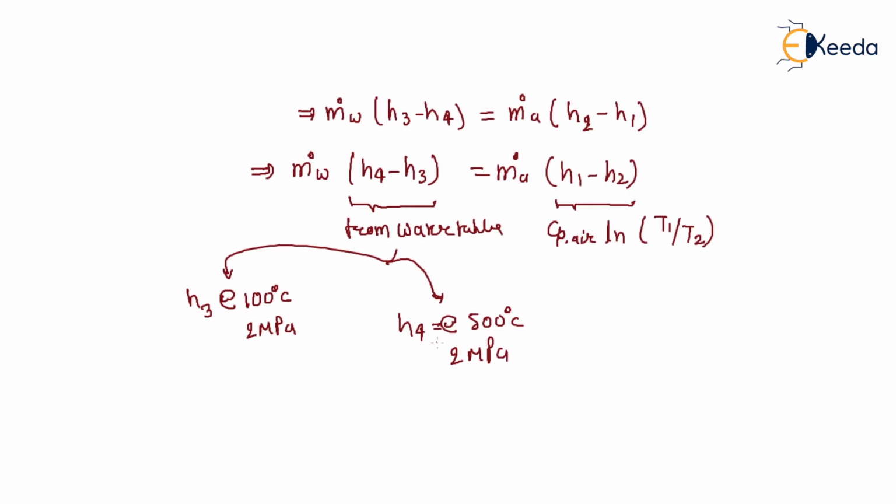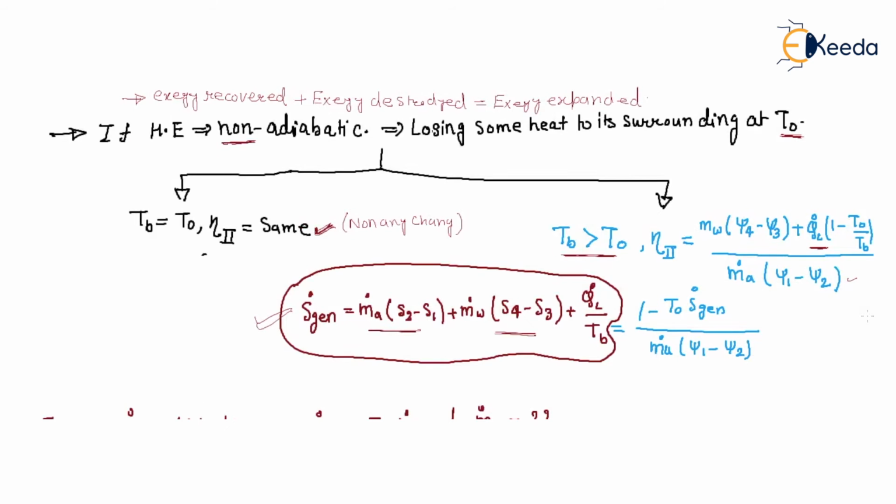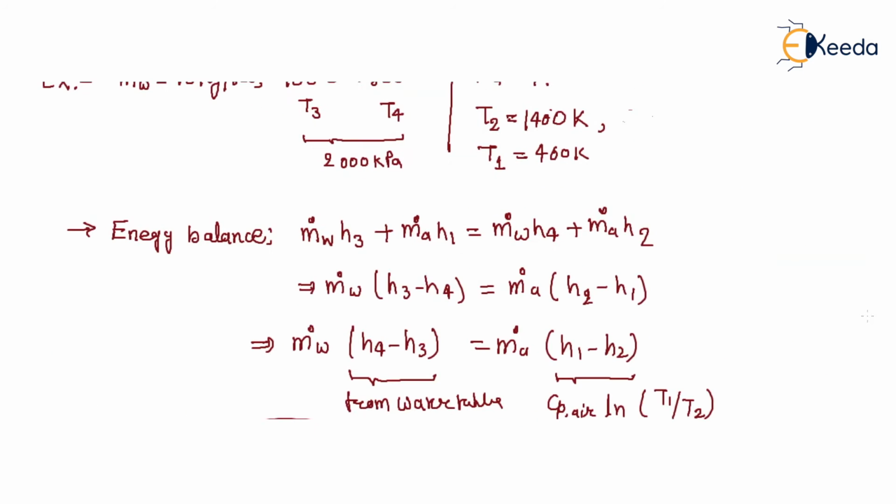So you have H3, H4, and the mass of water. From here we calculate the mass flow rate of air. How much? This is 28.939 kg per second. So you have the mass flow rate, no problem.